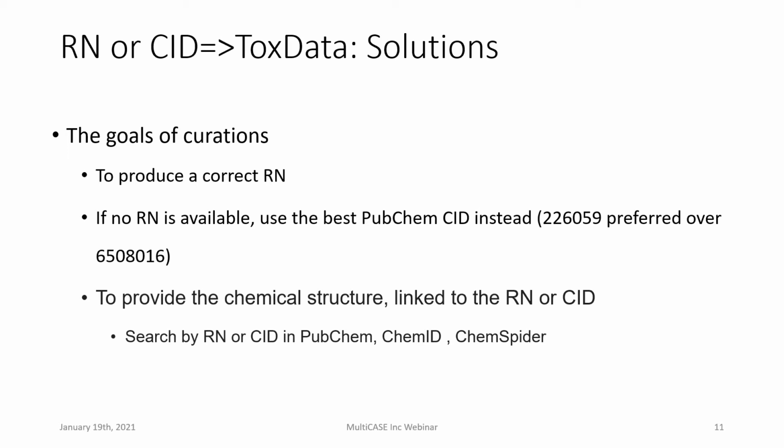And in this case, we would use a smaller number versus a bigger number. And after we have all this, if we did not retrieve structures using our internal database, we actually have to use something else outside, PubChem, ChemID plus or ChemSpider, and search them by registry number or by CIDs.